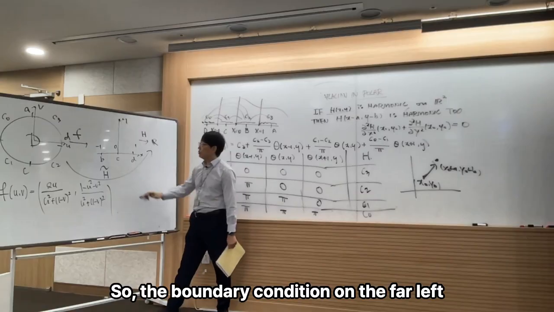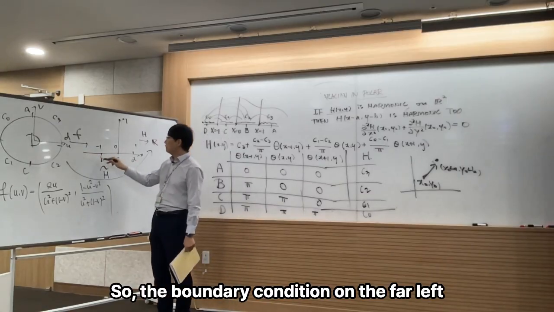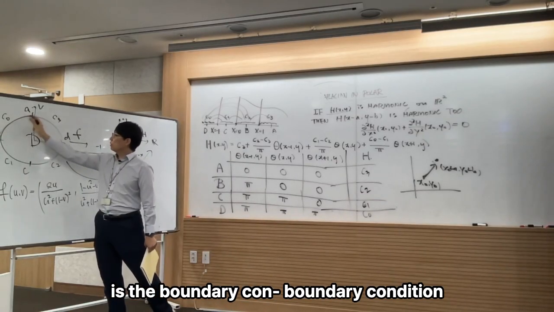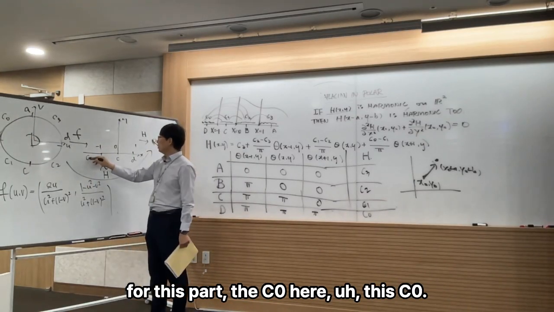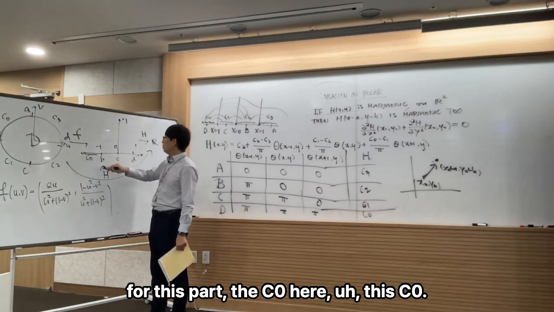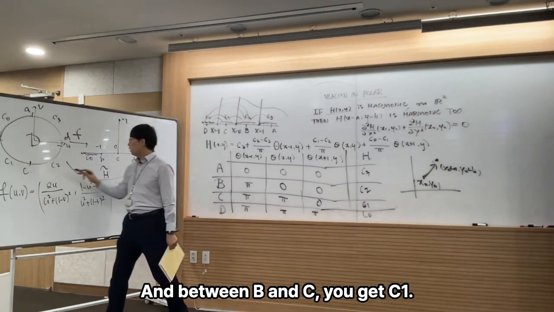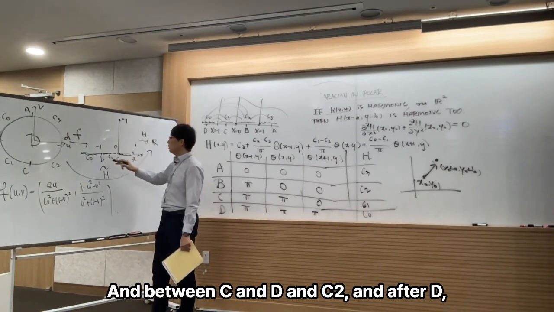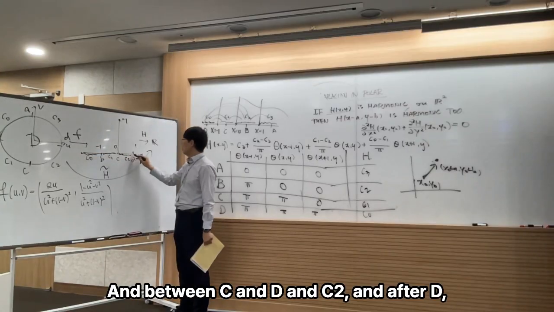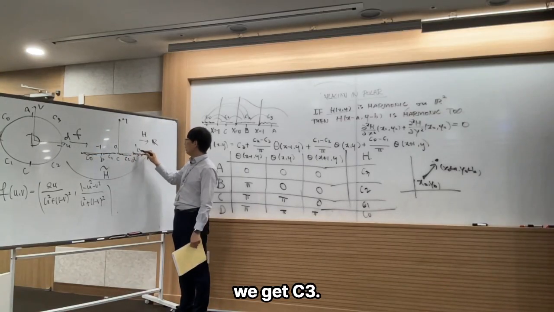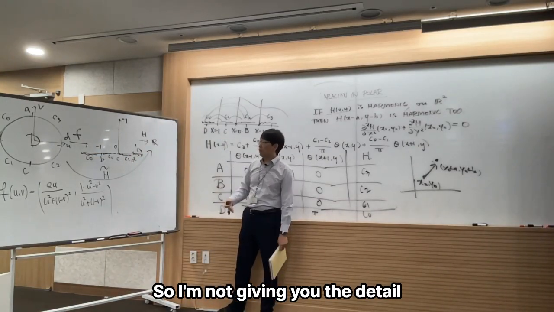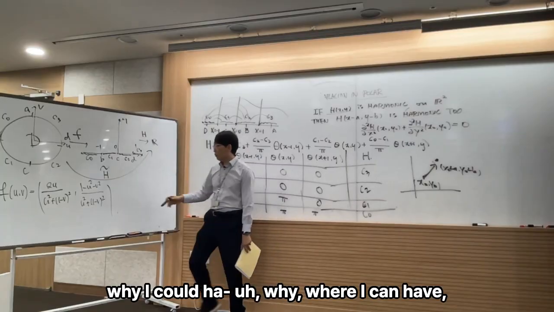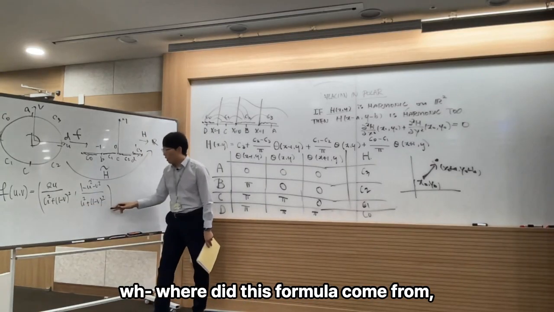So the boundary condition on the far left is the boundary condition for this part, the C0 here. And between B and C, you get C1, and between C and D you get C2, and after D, you get C3.